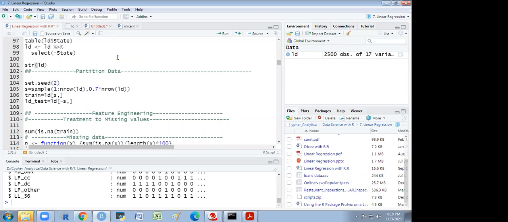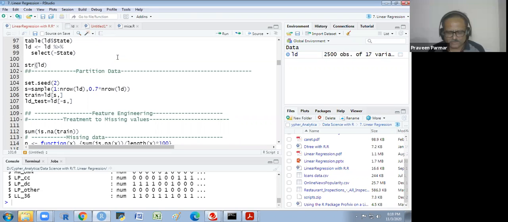Yes, sir. So data wrangling work is done before partition of the data, along with feature selection. And after partition, we do the feature engineering, the treatment of missing values, outliers and all these things. Why do we do it? I will explain that. Why don't we do the whole thing before the partition?